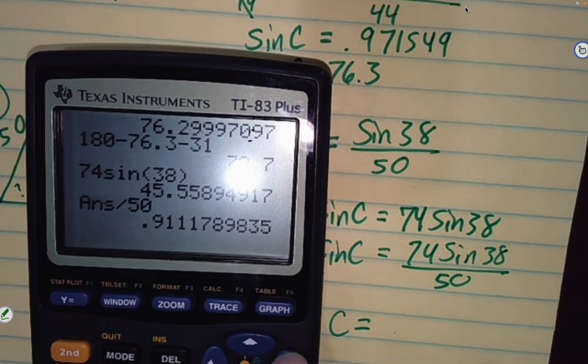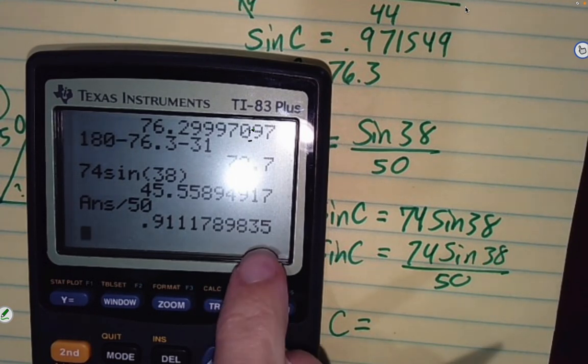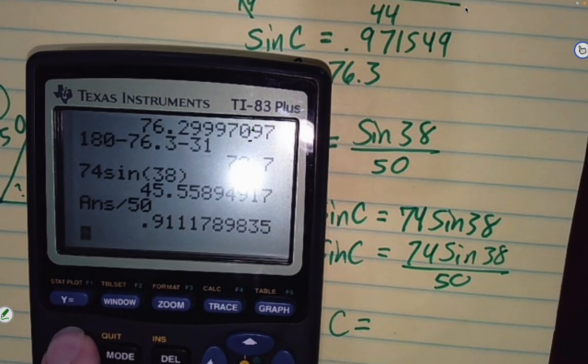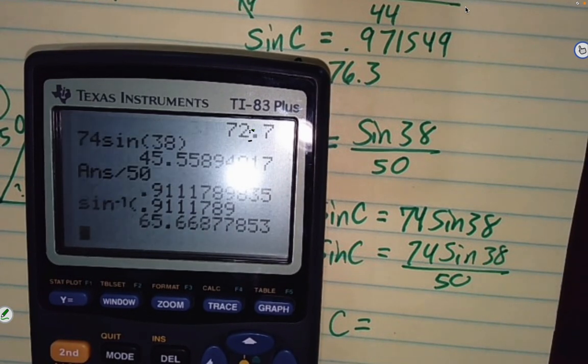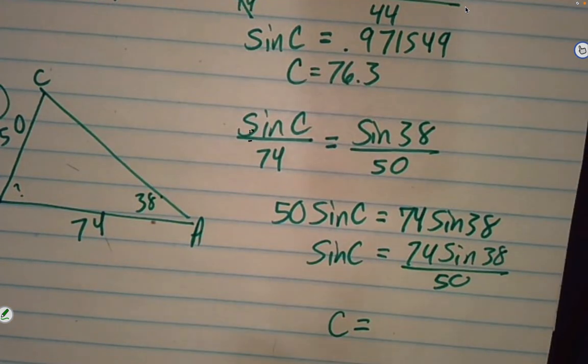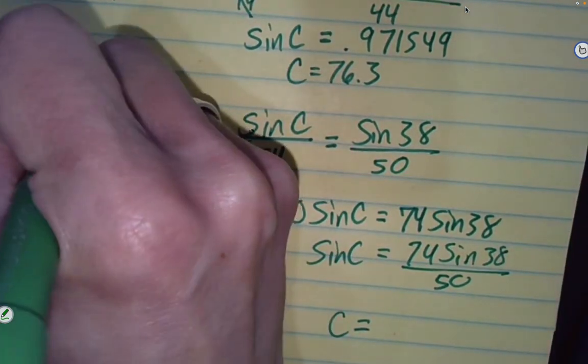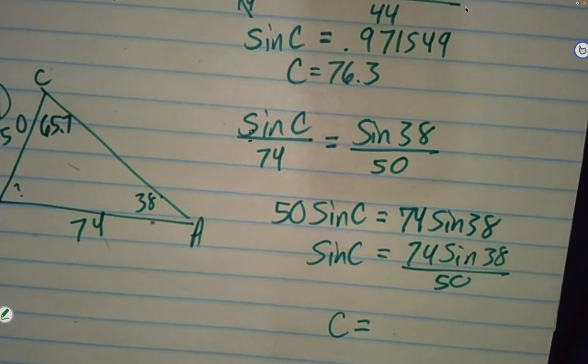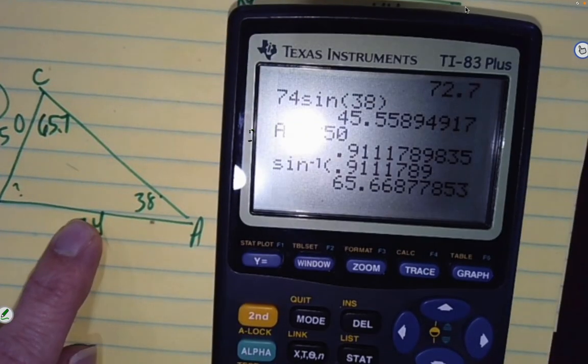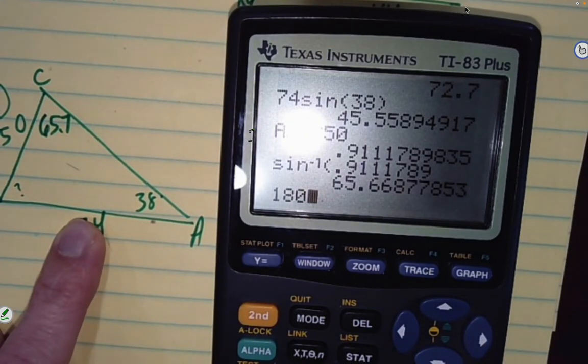Okay, so then that is the decimal. That is sine of C equals that. So I have to press second sine and type that number in. Several decimal places. And I get 65.7 degrees. Now, that is angle C. Is that what they wanted? No. So I'm going to take 180 and subtract those two angles.